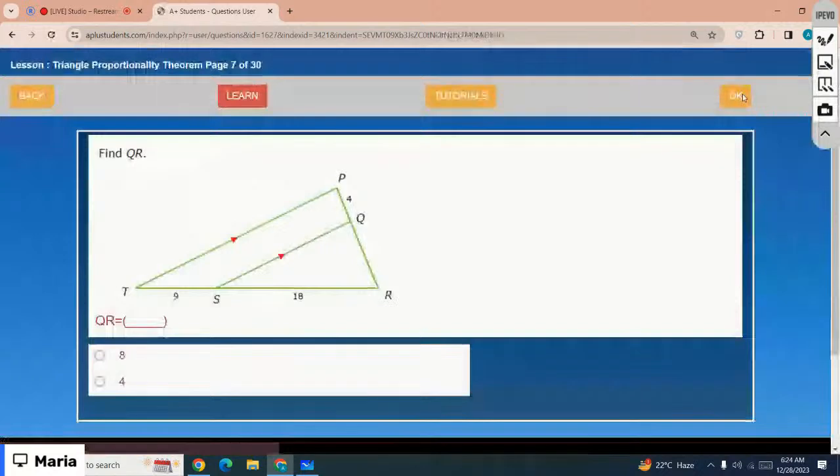Okay, the next one is find QR. So, which is the correct option? The correct option is, yes, it is 8. QR equals 8.